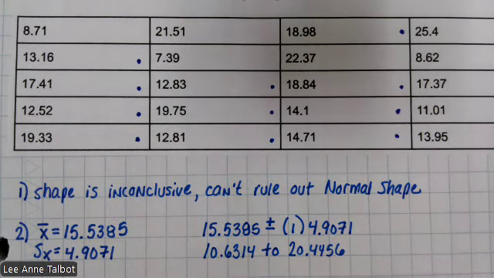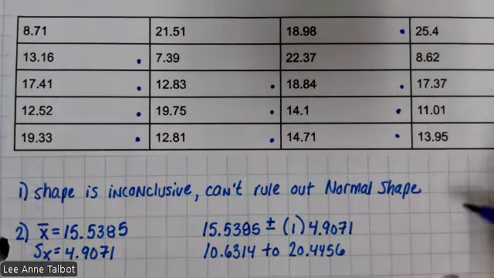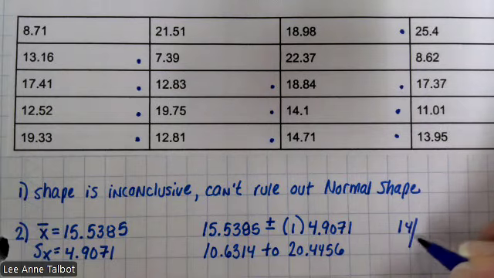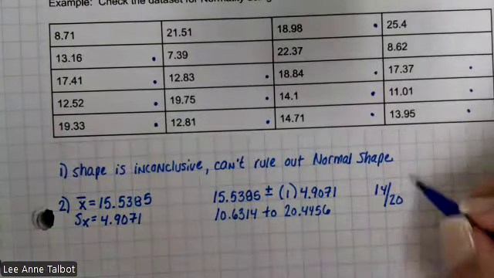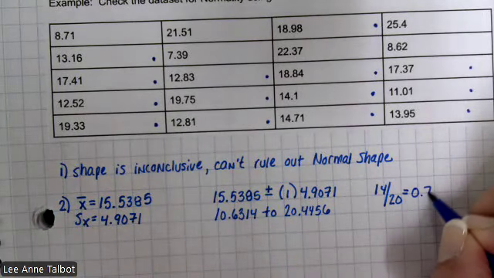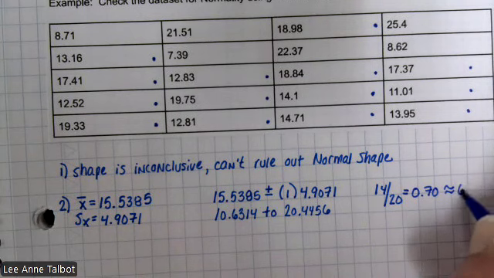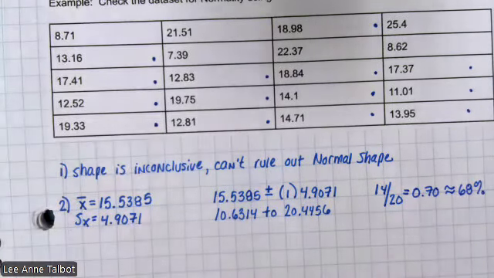Okay, so you counted 14, you say? Okay, so what you do is you go, okay, 14 numbers out of 20 numbers total is 0.70, which is about 68%.